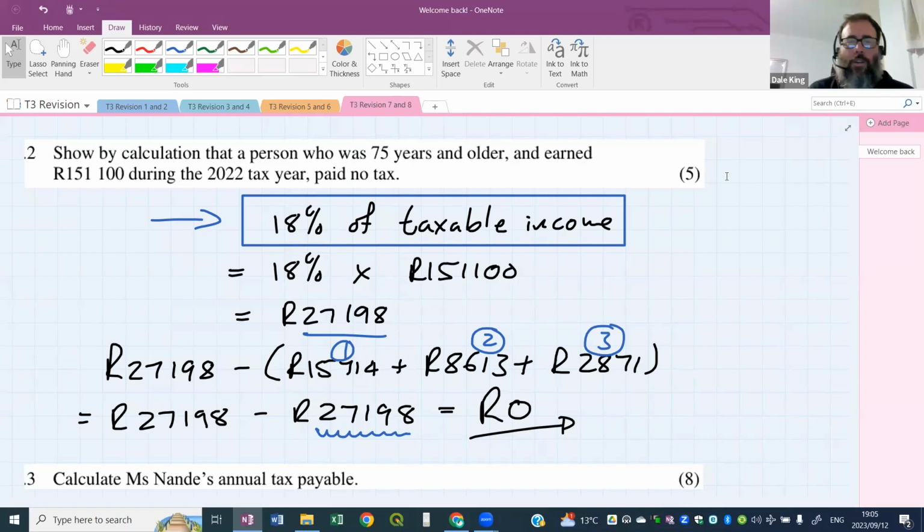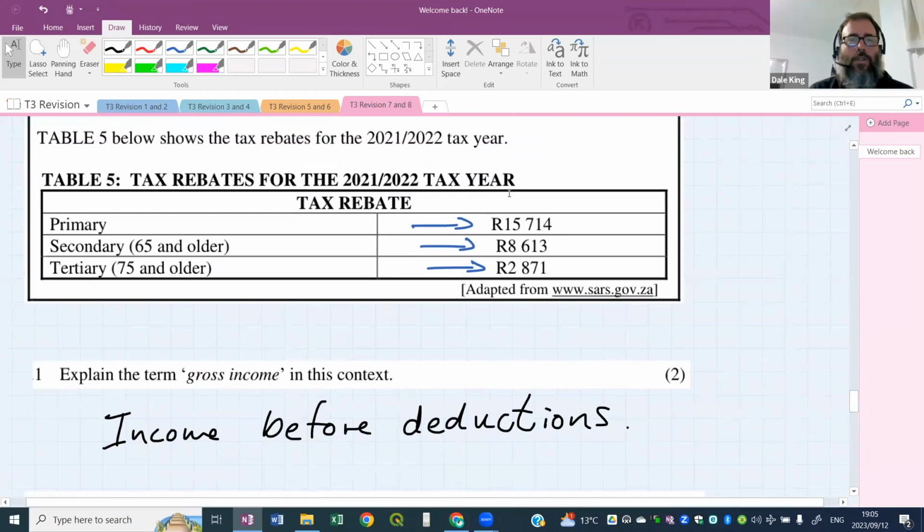Yeah, so we got 15,000 for someone that's below 65. The person that's 65 and older adds on another rebate of 8,600. So you put them together. So the benefit of the 65-year-old is both of theirs and the one that's before them.